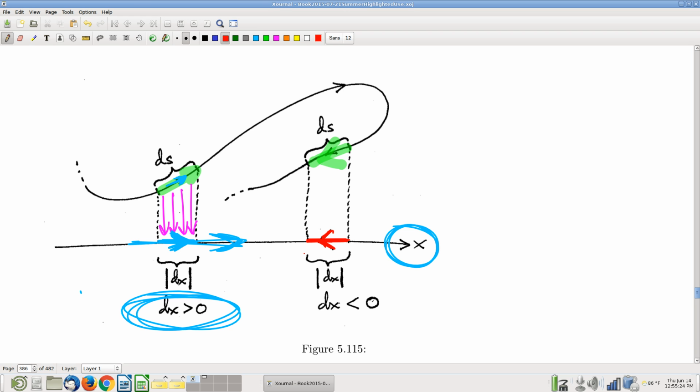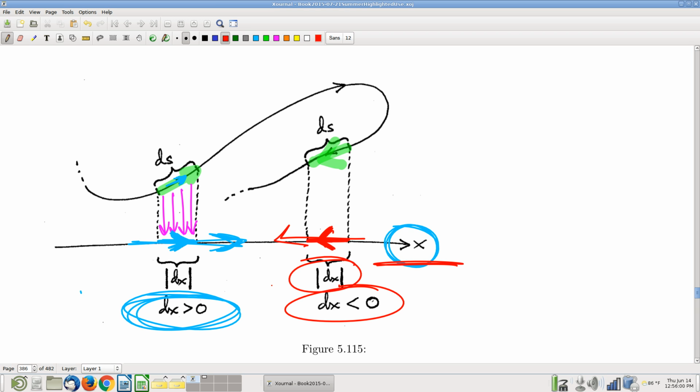In the sense that, if the curve was going that way, you imagine the process of taking a curve going in that direction, and as it shadows down, that suggests it's pointing this way, in this case. Which is not in the direction of the x-axis. It's the opposite of the direction of the x-axis. So again, both of these are encapsulated by what dx is. dx has magnitude equal to the size of that projection and is negative, indicating that this piece of curve's shadow is going the opposite of the x direction.